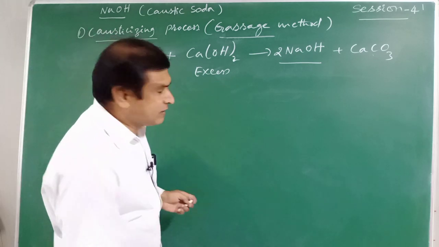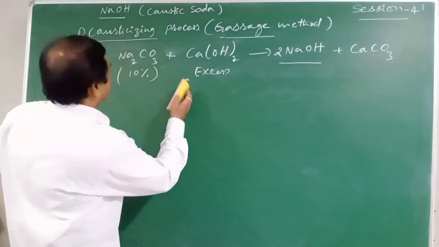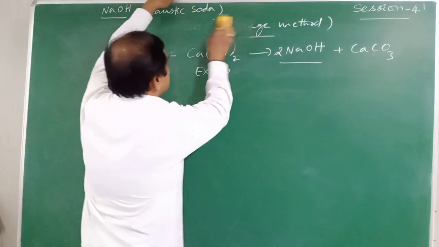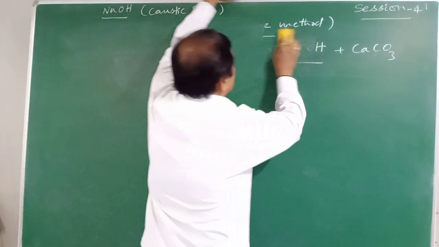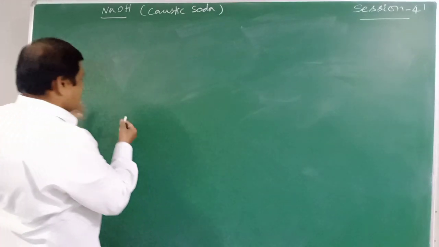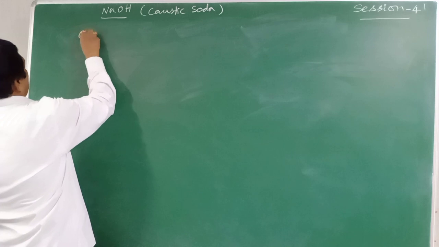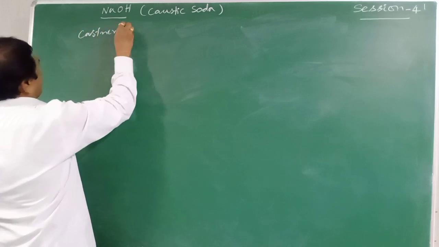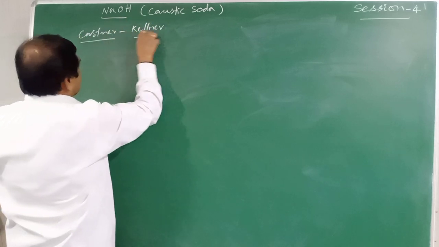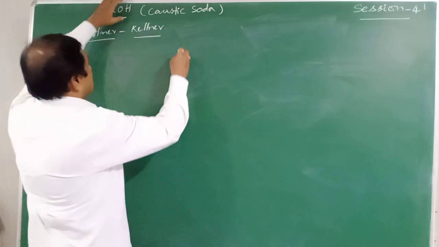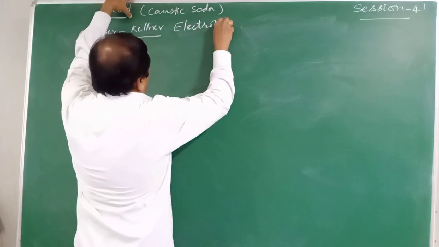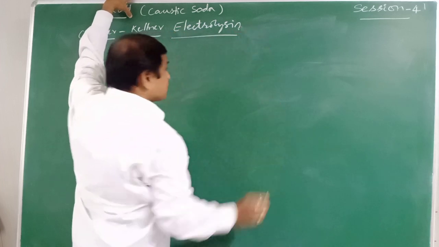the Kastner-Kellner electrolysis method. The second method is the preparation of sodium hydroxide, caustic soda, by Kastner and Kellner, the Kastner-Kellner electrolysis method, which is used for the preparation of sodium hydroxide.